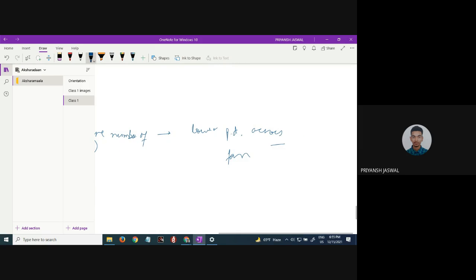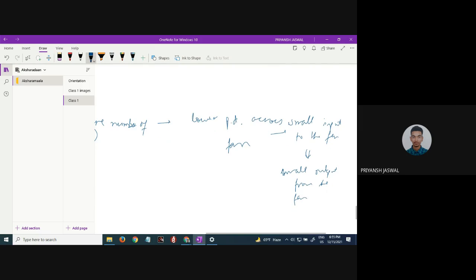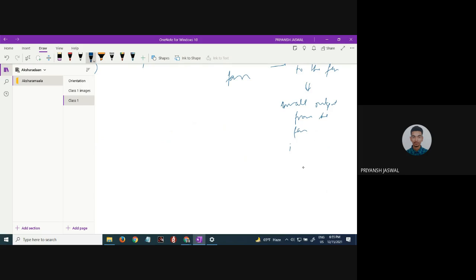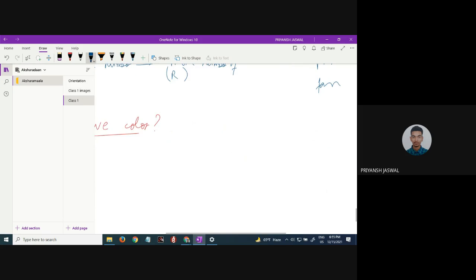That is basically a small input to the fan, which will imply a small output from the fan. That is the speed. Similarly, for a large number, large speed.